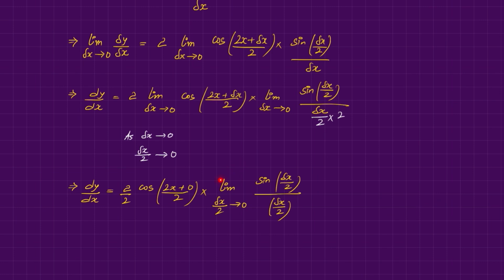As you can see here, this portion is 1, because we had one formula: limit x tends to 0 of sine x by x is 1.